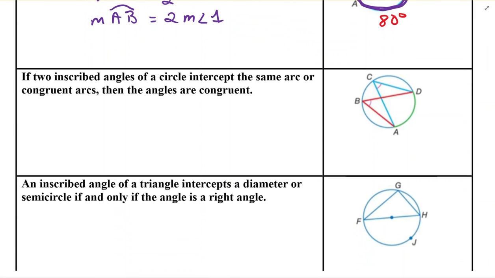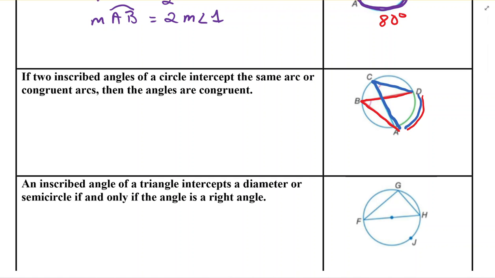If 2 inscribed angles intercept the same arc or congruent arcs, then the angles are congruent. So in this picture, we have angle C right here intercepts arc DA, and inscribed angle B also intercepts DA. So that would tell us that the measure of angle C equals the measure of angle D. If we know the other way around that the measure of angle C equals the measure of angle B, then we know that the arcs are also equal.